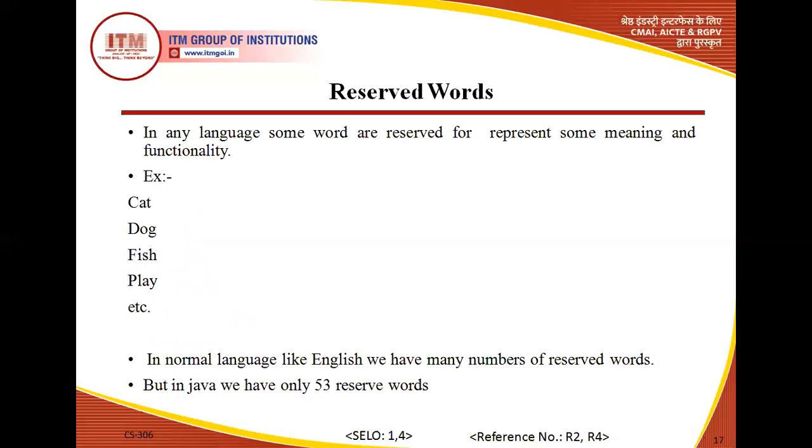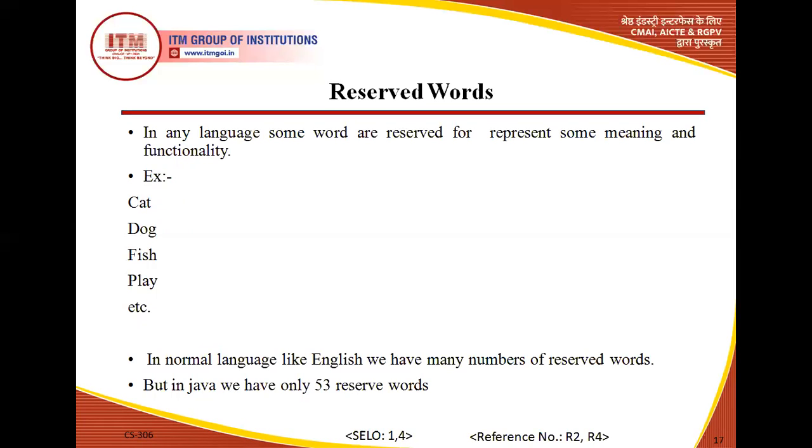Next we have the reserved words. This is not actually a part of today's session; it is part of my coming session. But if anyone wants a quick view of reserved words: reserved words are used for representing some meanings. If I say door, door is something used to close some specific area.